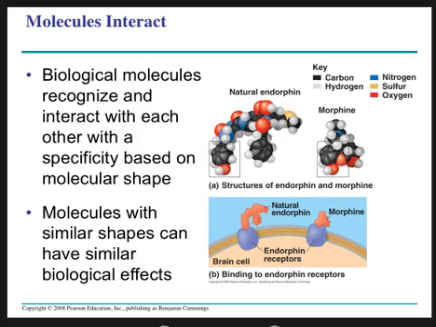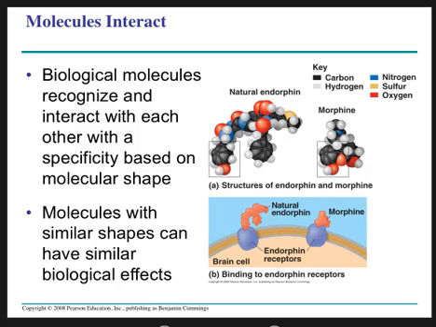So for instance, here's a biological molecule, and we can have interactions or cross reactions just based off of their physical shape. There's a natural endorphin on the left, and on the right is morphine. And look at what's happening. There's a receptor on this cell, that purple thing labeled an endorphin receptor, and it's designed to bind to this natural endorphin in an individual's brain.